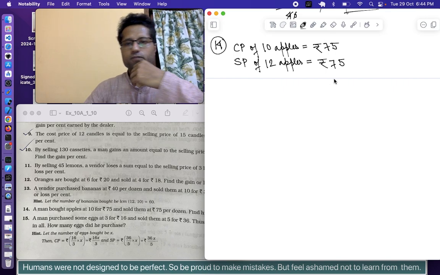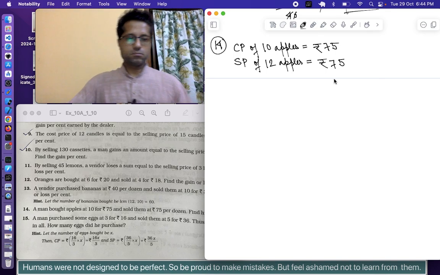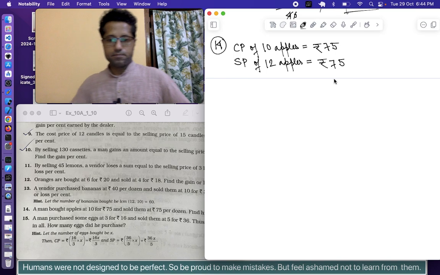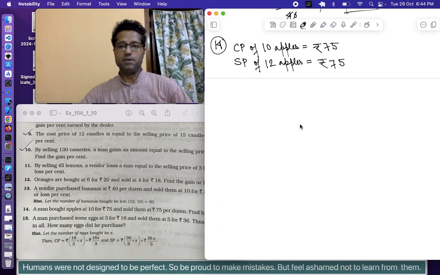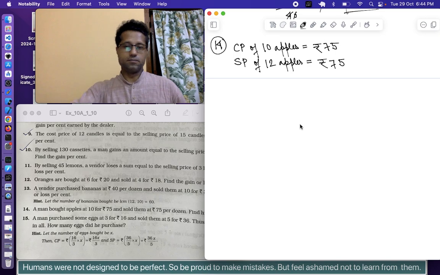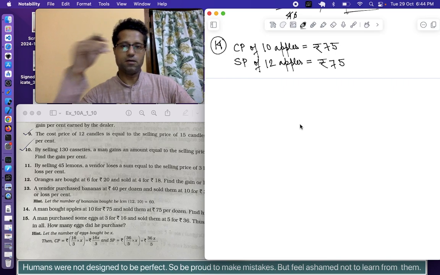Now, should we find the CP and SP of one apple and then compute the percent of loss, which will be easy to do the computation? Now, if we want to find the CP and SP of one apple, we have to divide 75 by 10 and then 75 by 12. It will be a fraction.